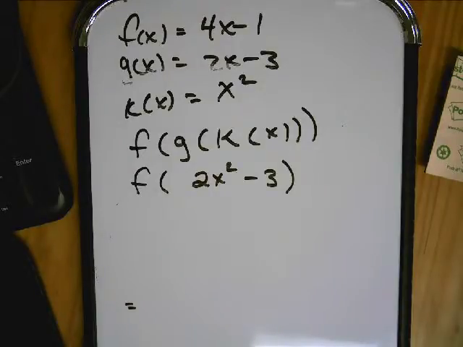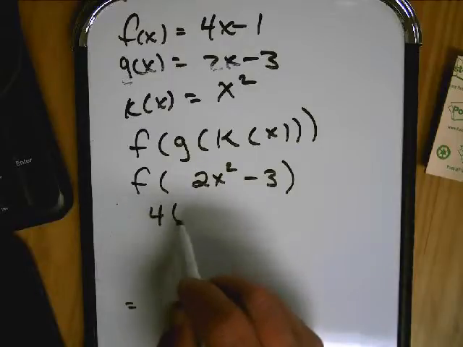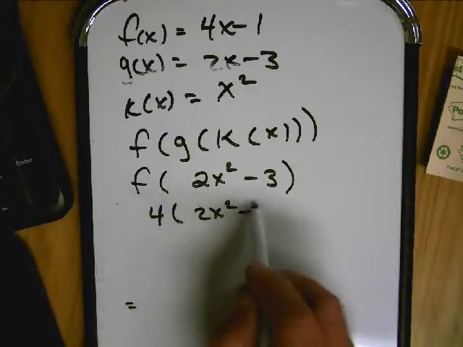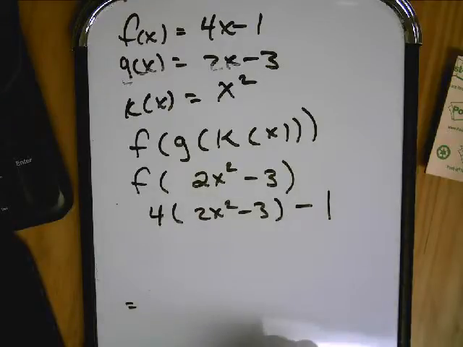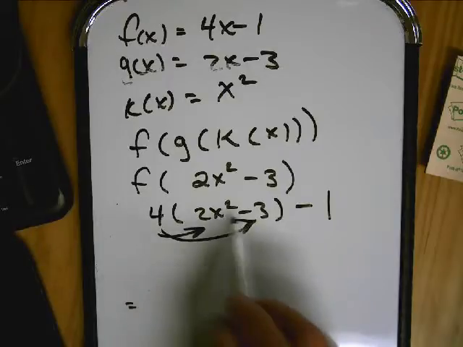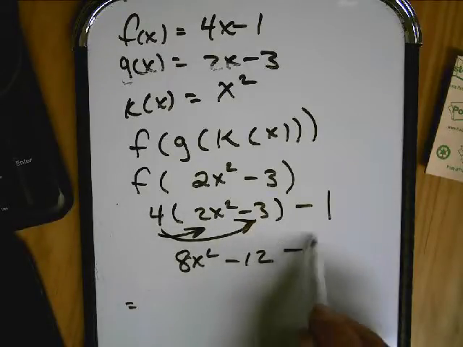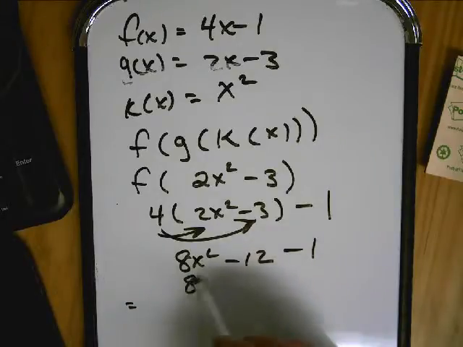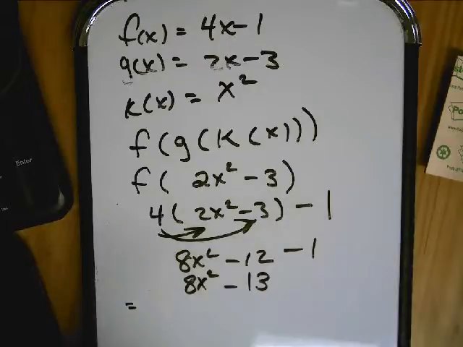Put the 2x squared minus 3 into f. So that's 4 times (2x squared minus 3) minus 1. Now what? Distribute. 8x squared minus 12 minus 1. 8x squared minus 13.